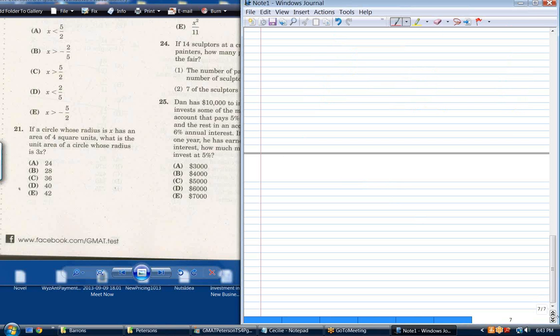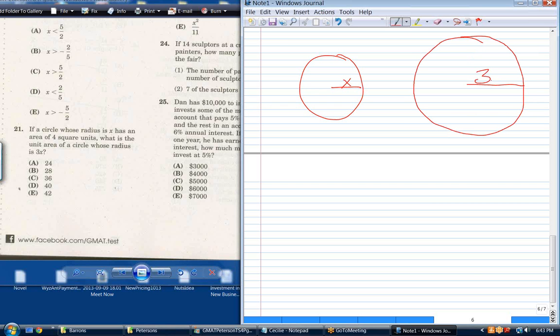Okay, if a circle whose radius is x has an area of 4 square units. This is asking about a very important concept that we need to talk about if you're not familiar with it. What is the linear ratio of these two circles?